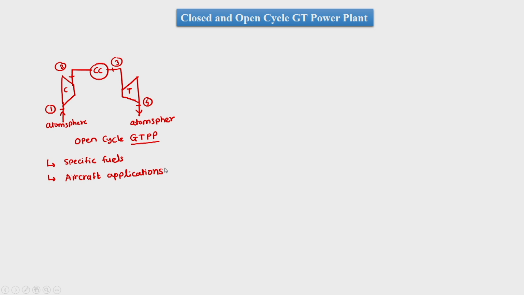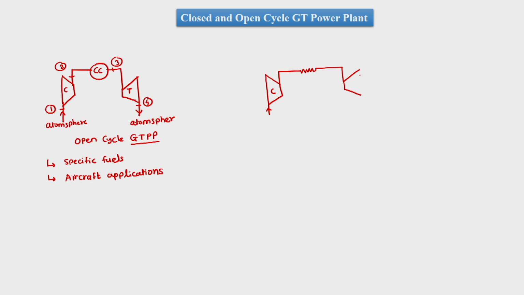Now we will see the arrangement for a closed cycle gas turbine power plant. In a closed cycle gas turbine power plant, we first have air coming to the compressor, and then we do not have combustion here, but we have heat transfer, which is basically heat addition at isobaric condition.